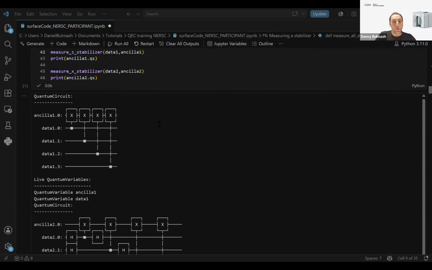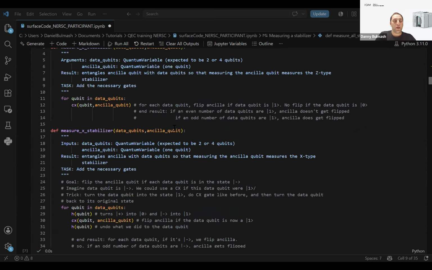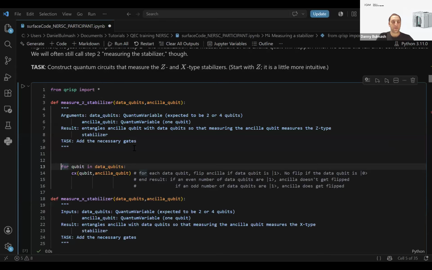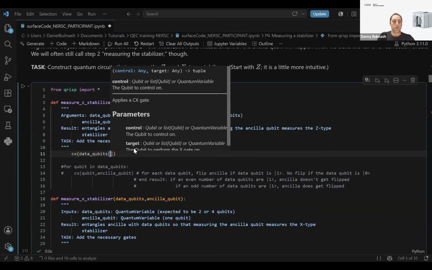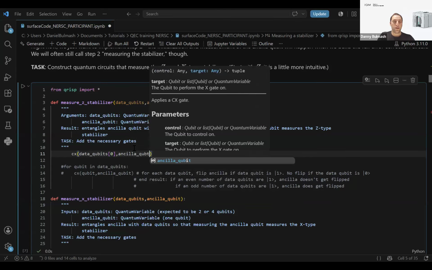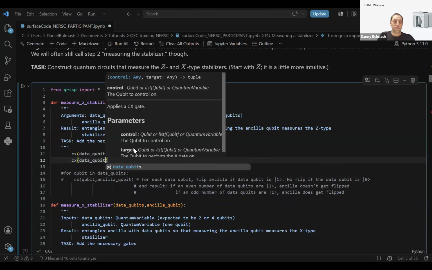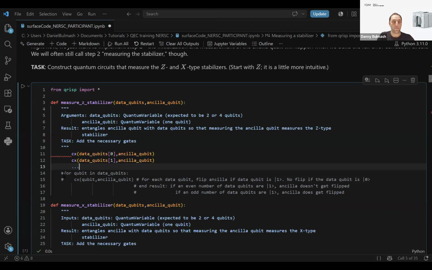Does it matter that some of the stabilizers operate on 2 qubits and some on 4? Good question. It depends on how you design these functions, right? If we were to design our function as doing the circuit super explicitly, CX of data qubit 0 to the ancilla qubit, and then CX of data qubit 1 to the ancilla qubit, and so on and so forth, then we would have a problem that some of the stabilizers operate on 2 qubits and some operate on 4.